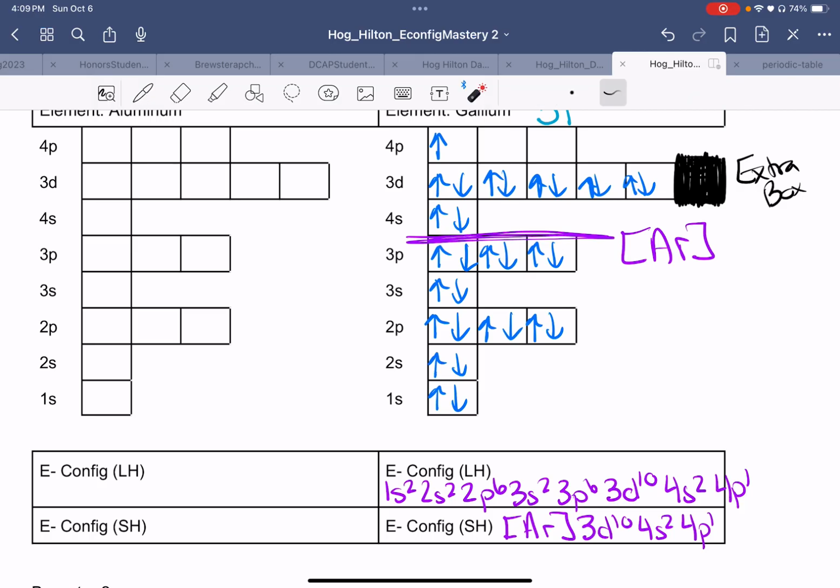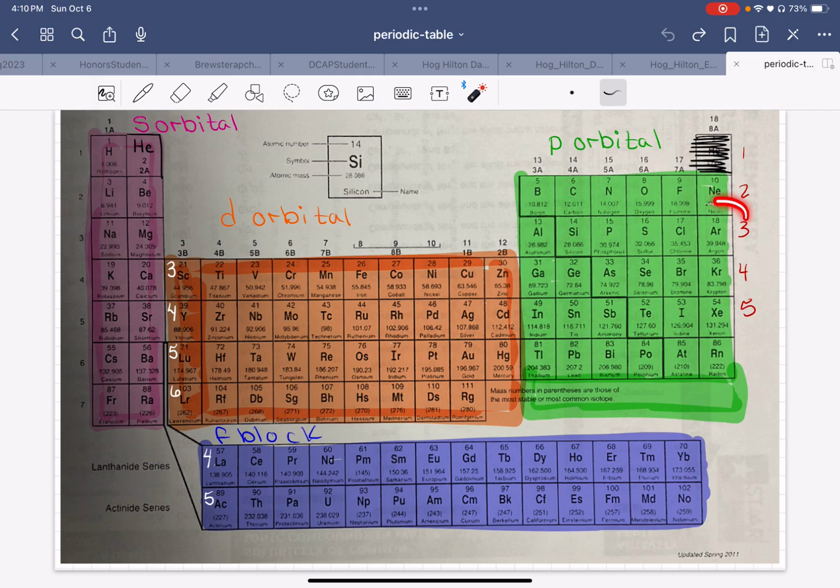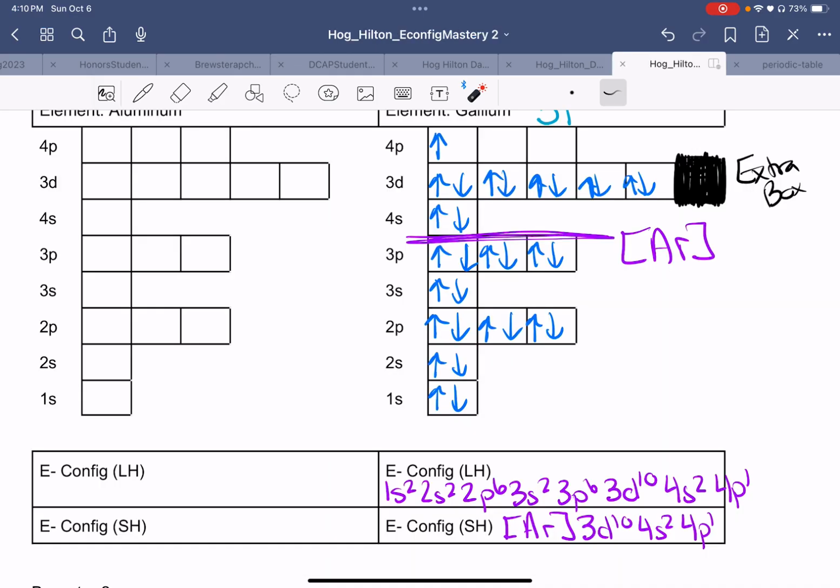Let's check ourselves to make sure we have this correct. So 2 plus 2 plus 6 plus 2 plus 6 plus 10 plus 2 plus 1 is 31. Argon, 18. So 18 plus 10 plus 2 plus 1, 31.